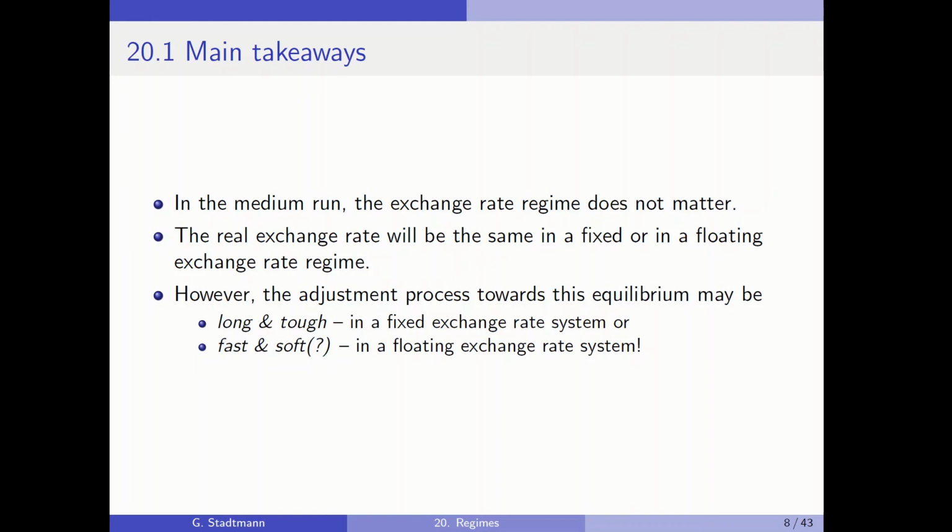The real exchange rate will be the same in a fixed or in a floating exchange rate regime. However, the adjustment process towards this equilibrium may be long and tough in a fixed exchange rate system, or fast and soft in a floating exchange rate system. Let's try to motivate this chapter by also looking at one numerical example.